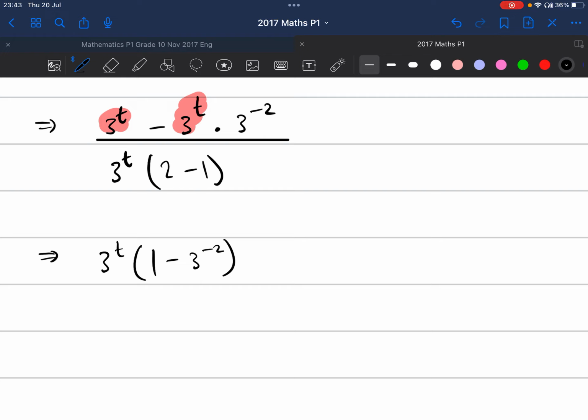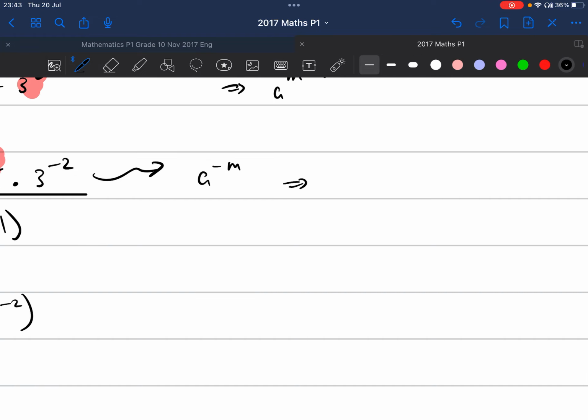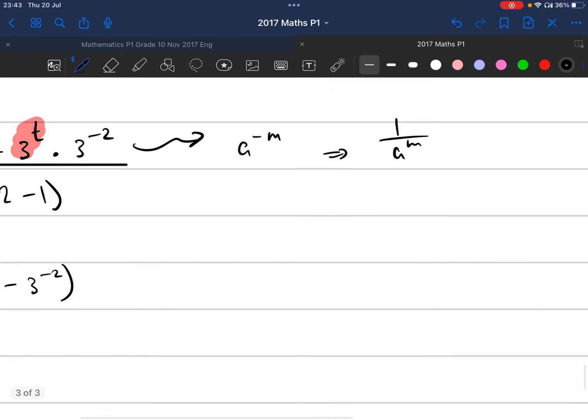Okay. Now, how do we express 3 to the power of minus 2? Well, let's think about our other exponent laws. Let's say I have a to the power minus m, right? That's the same as me saying 1 over a to the m.